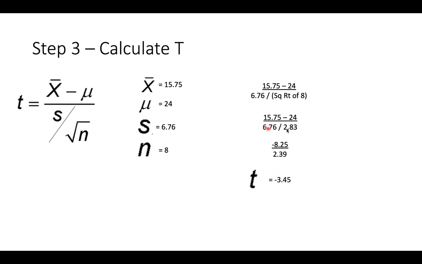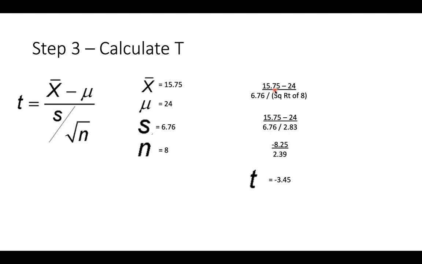The denominator will always be positive. There's no negativity there. If you end up with a negative denominator, you've done something wrong. Go back and check your work. But always make sure to do the sample mean minus the population mean. It must be in that order. That way, t reflects the directionality of change.